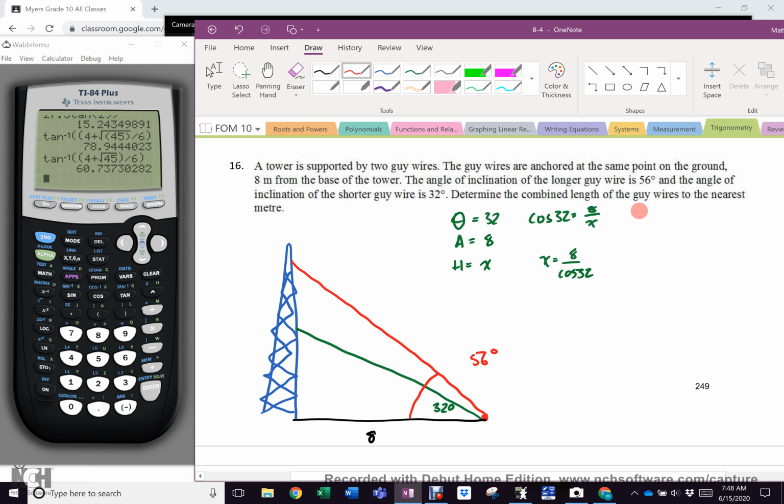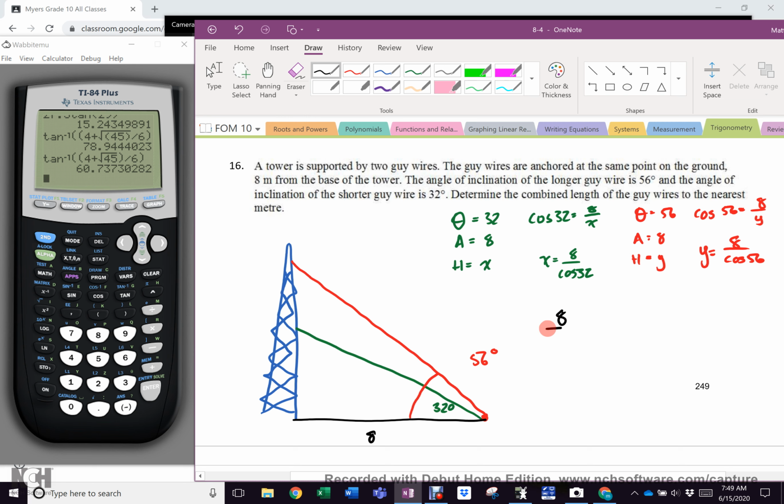Then the red one: my theta is 56, my adjacent is still 8, and my hypotenuse is now y. Cos of 56 equals 8 over y, so y equals 8 over cosine 56. Now to answer the question, I have to add those two.